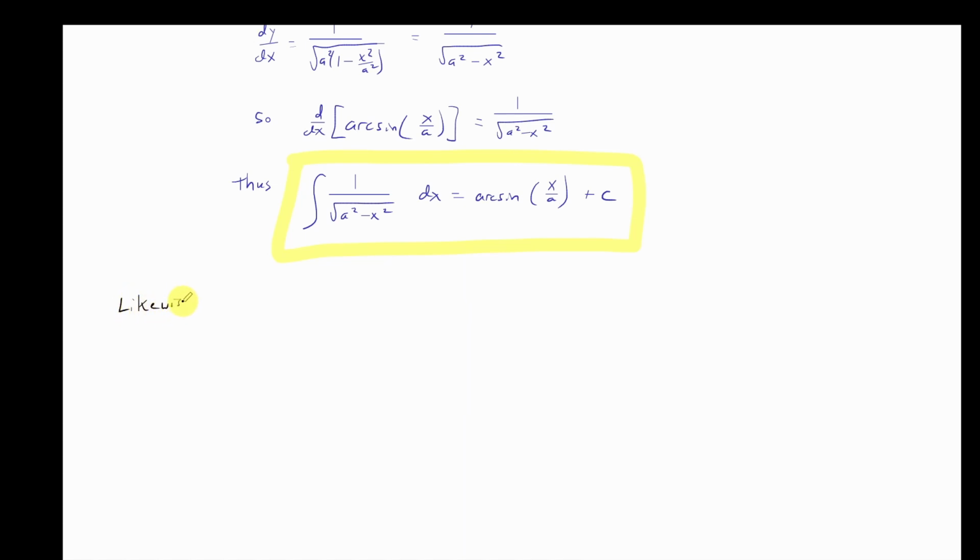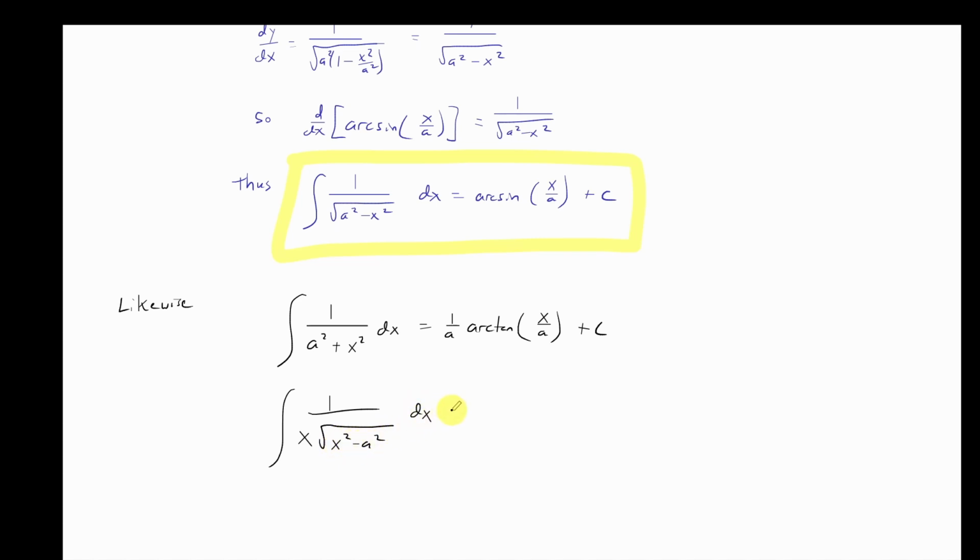Likewise, we can also show that the integral of 1 over a squared plus x squared dx is 1 over a arctangent of x over a, and the integral of 1 over x square root x squared minus a squared dx is 1 over a arcsecant x over a plus c.